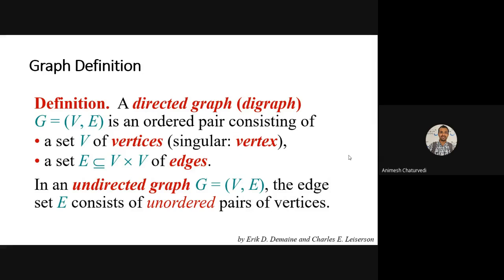In a directed graph, there is a set of vertices and a set of edges which defines G equals V comma E. And in the directed graph, there's an ordered pair, meaning the source and destination nodes are fixed. But in an undirected graph, the pairs are unordered because the direction could be anywhere.